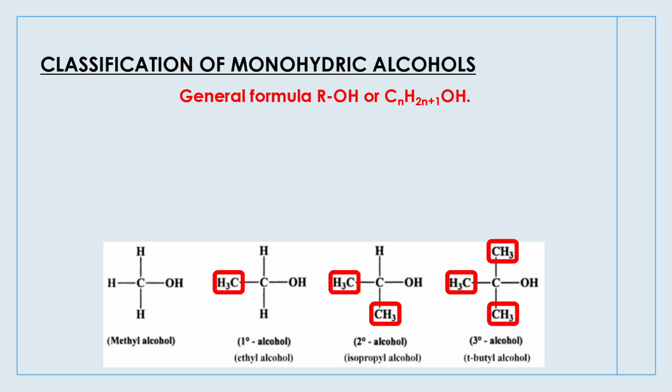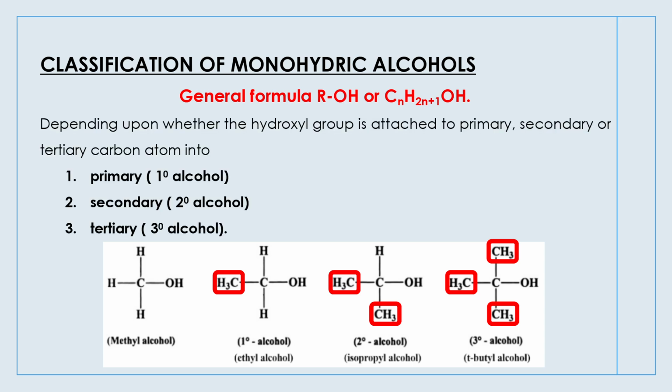The general formula for monohydric alcohols will be CnH2n+1OH. N is the number of carbon atoms. From primary, we will have 1-degree alcohol. For secondary, we will have 2-degree alcohols, and for tertiary, we are going to have the 3-degree alcohols. Keep in mind that this classification is for the monohydric alcohols.